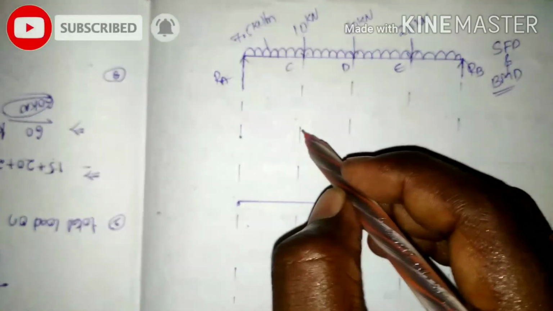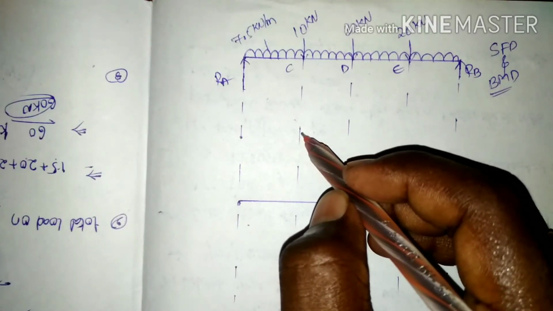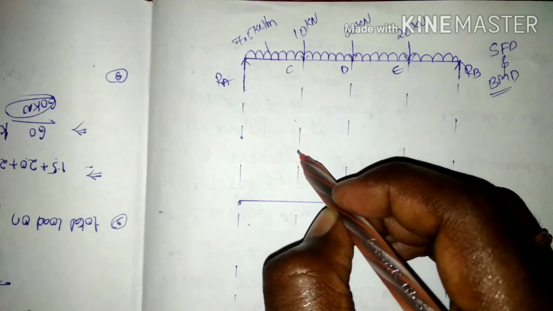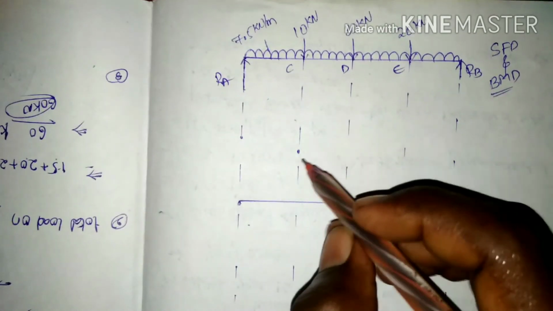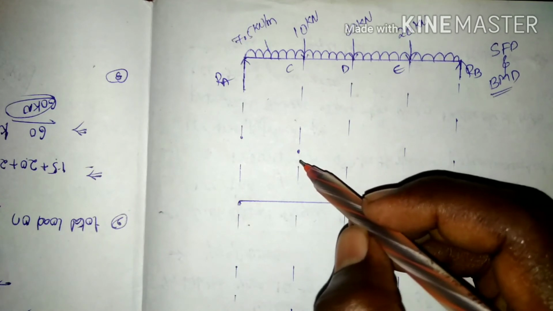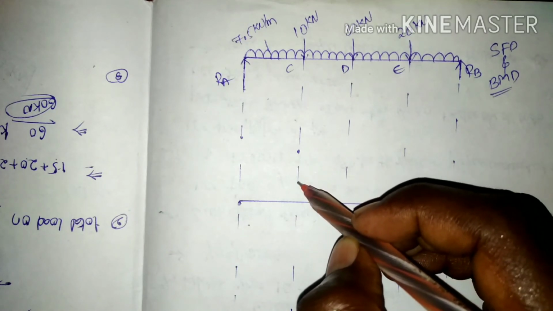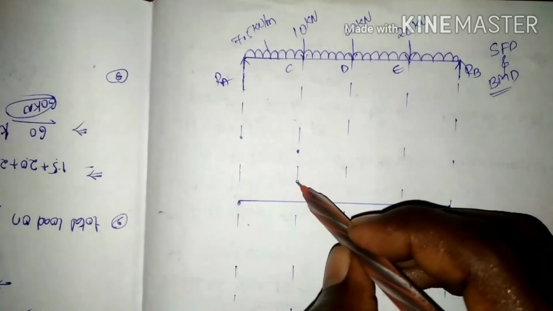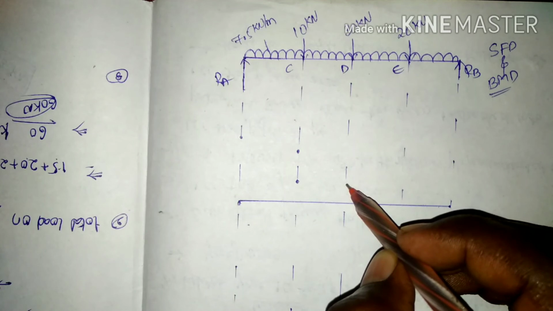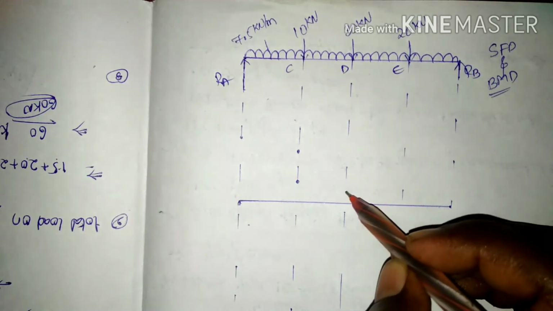Moving on to C, for the left of C we have 36.25, and for the right of C we have 26.25. And next, moving on to D, we have 3.75.